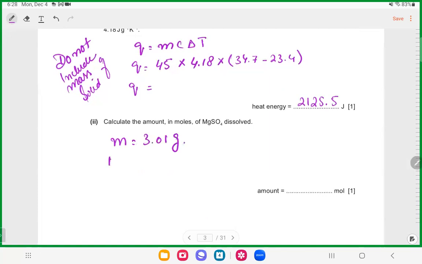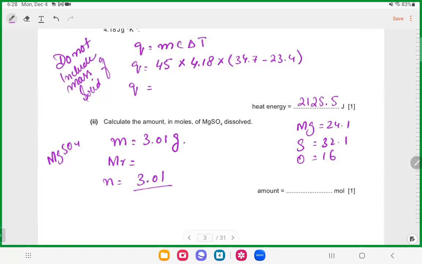And then you need the Mr of magnesium sulfate. Magnesium is 24.1. आपको MgSO4 का sulfur is 32.1 and oxygen is 16. Calculate the Mr. 4 times 16 plus 32.1 plus 24.1.